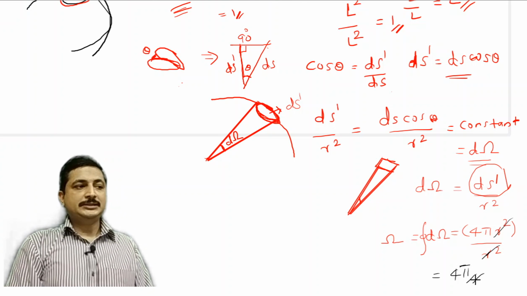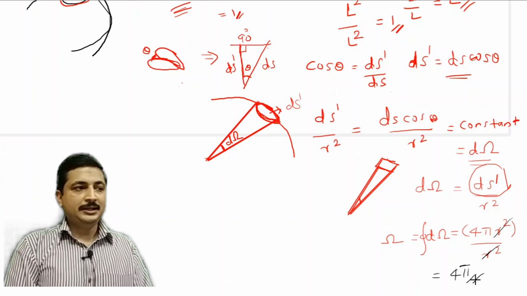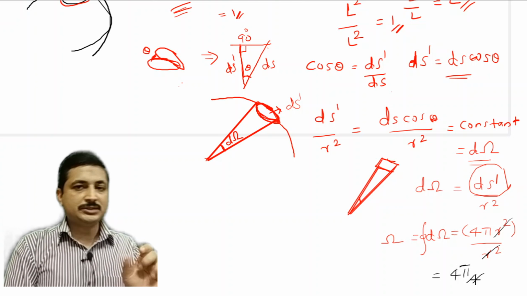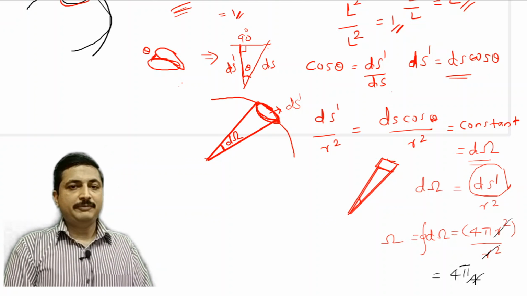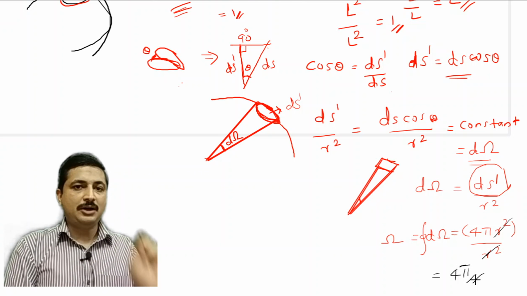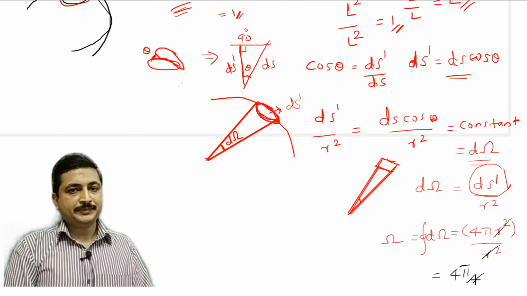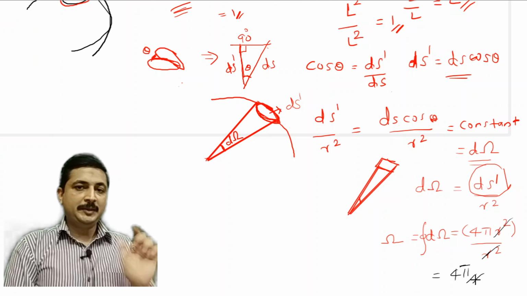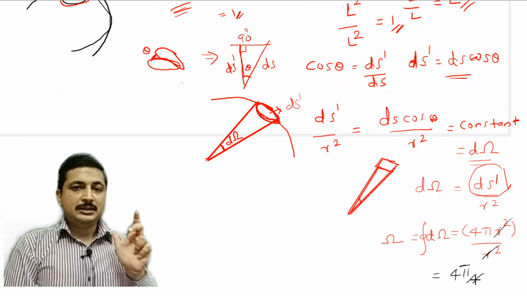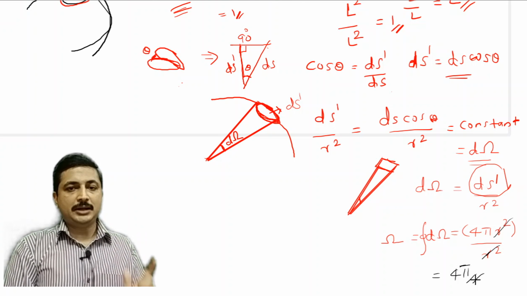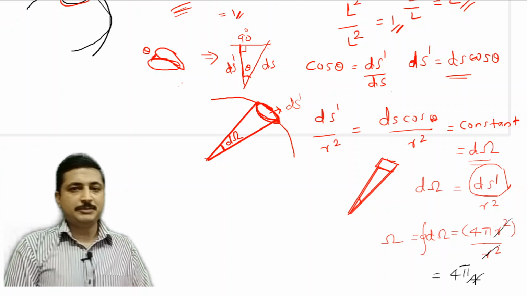Okay, so I'll quickly summarize it before substituting. We have used the basic law of mathematics telling that the ratio of arc length to respective radius is constant. S1 by R1 equal to S2 by R2 is some constant.